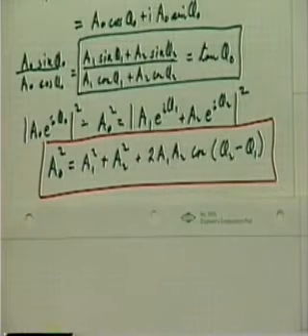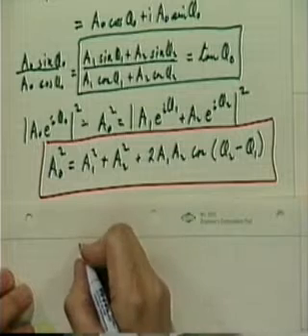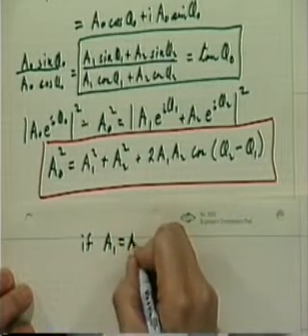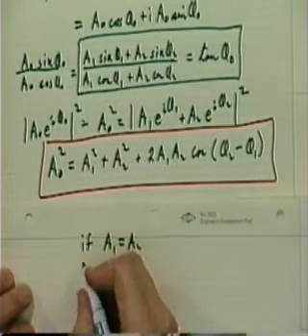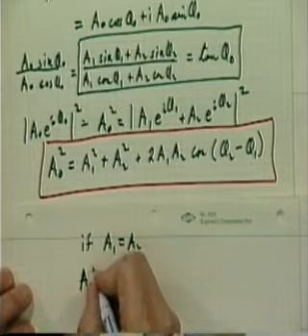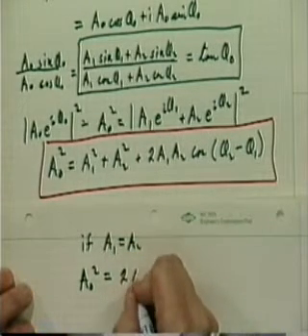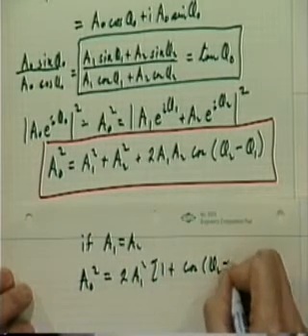And so there's one other thing that's of interest here, and that is if, for example, A1 is equal to A2, then you would have that A naught squared is equal to 2 A1 squared times 1 plus cosine of phi 2 minus phi 1.